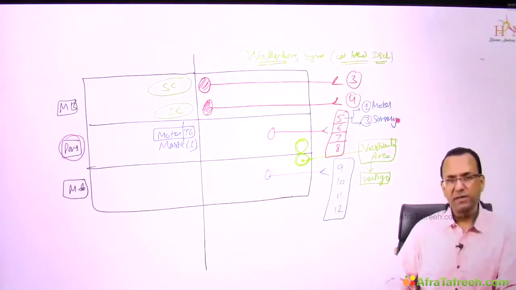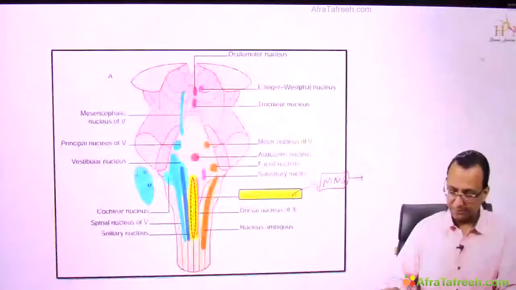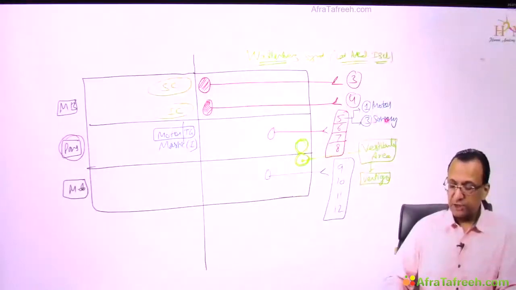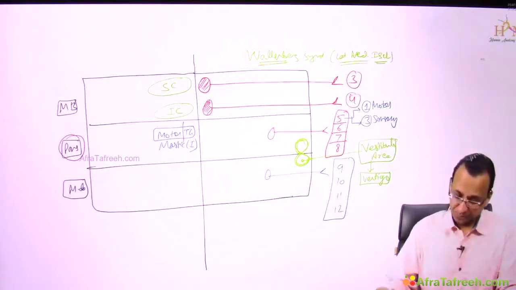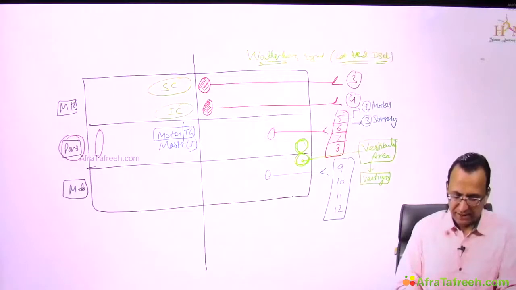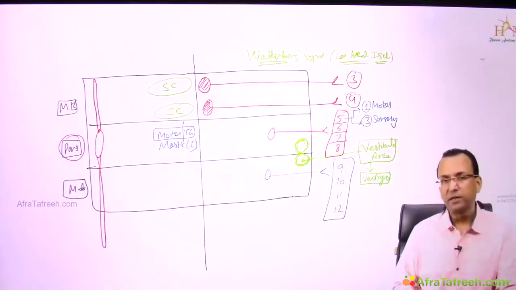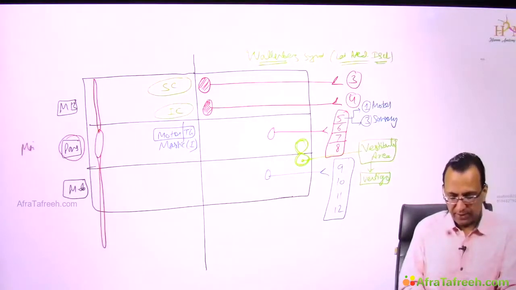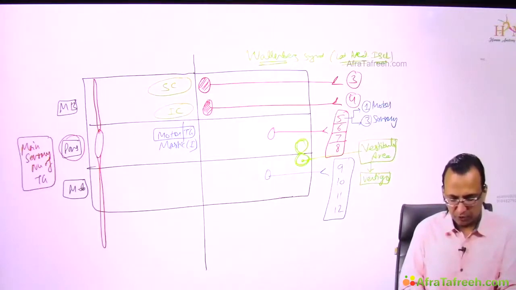You will find they were having some names like this is the main sensory, mesencephalic sensory, and then spinal sensory nucleus of trigeminal. So you are telling that there is some main sensory nucleus of trigeminal in the pons? Yes, in the pons.